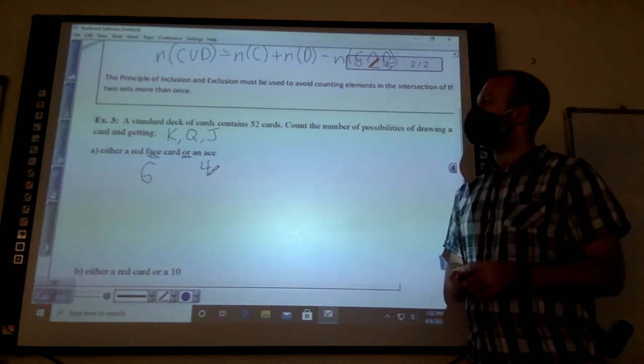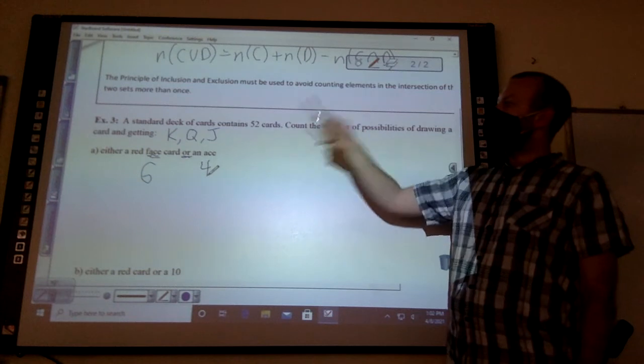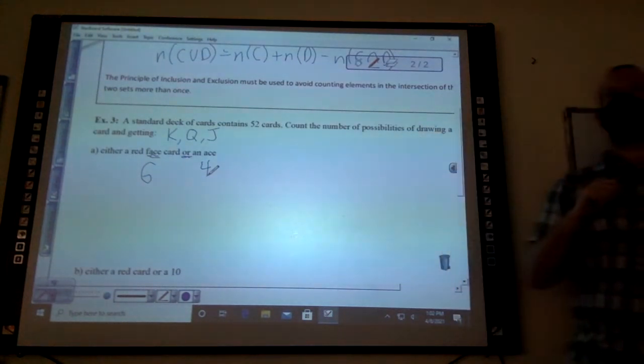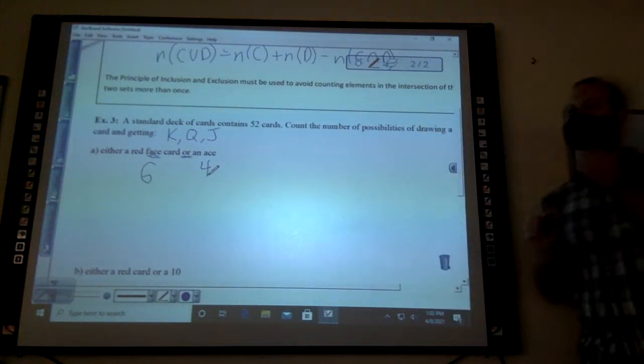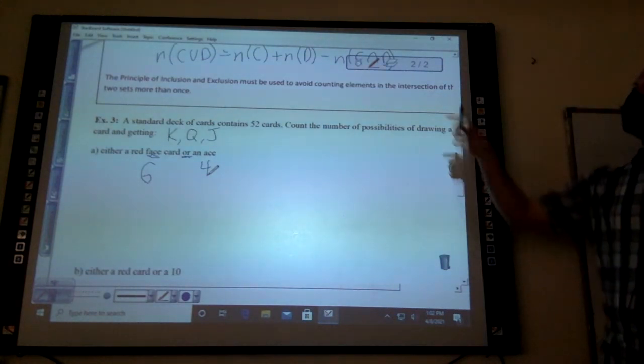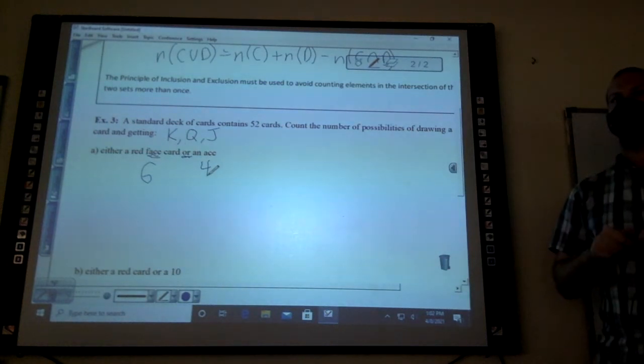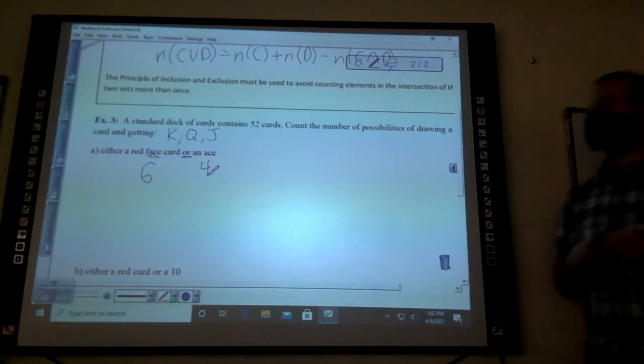What we need to think is, are the red face cards and the ace cards mutually exclusive? Are these two things disjoint? Is there any red face card that is also an ace? No, those ones are not the aces or the red cards.